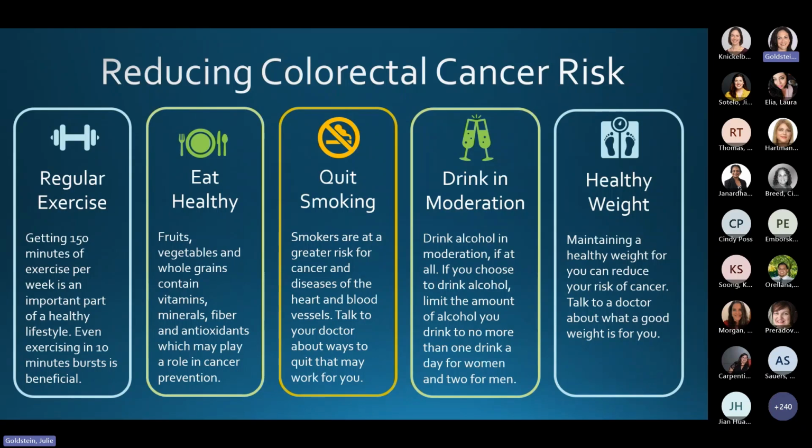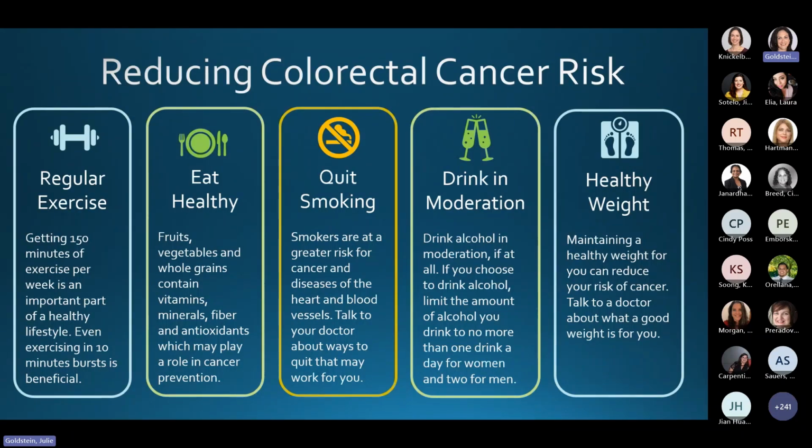And just as we know there are risk factors for the development of colorectal cancer, there are some steps that you can take to modify those risks. Obviously there are some risk factors that you can't modify. You can't modify your age, you can't modify your family history, but there are some that you can, such as getting regular exercise and eating healthy.